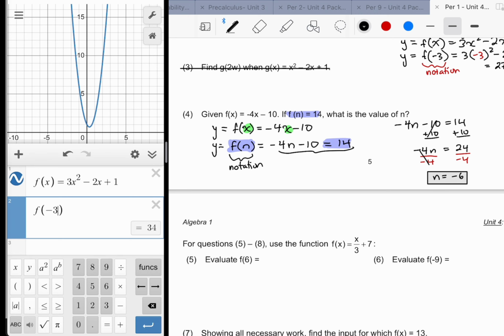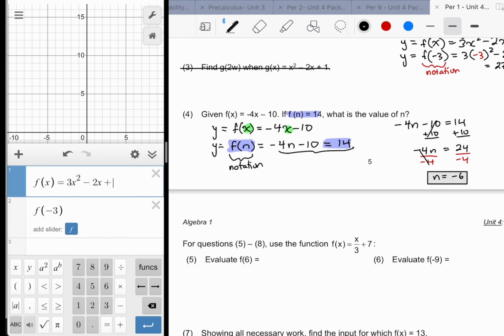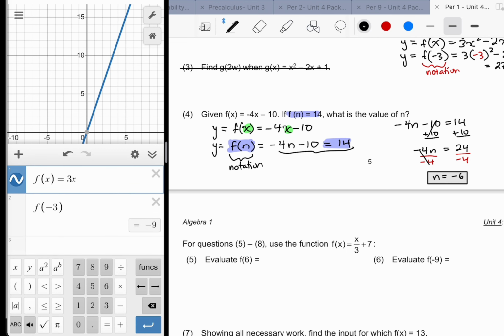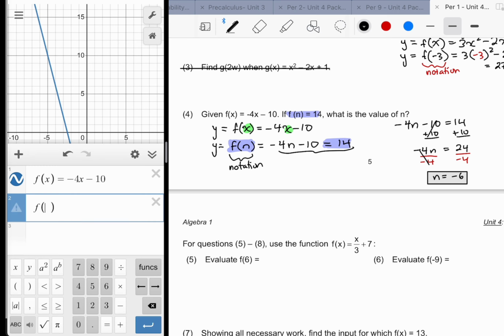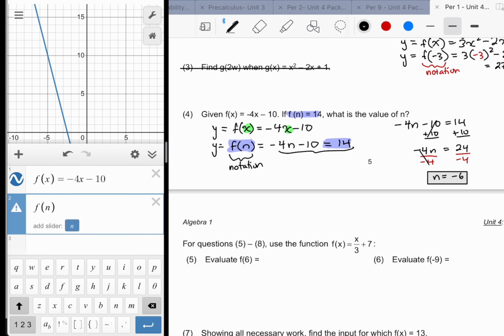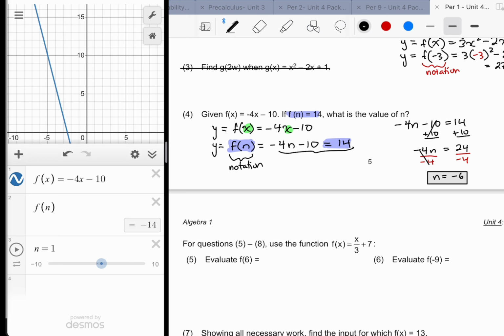All right. But very quickly before we end, let me just show you the Desmos approach. The original function was negative 4x minus 10. In Desmos, you could type in f of n, create a slider, and just keep moving that slider until you get the desired number.